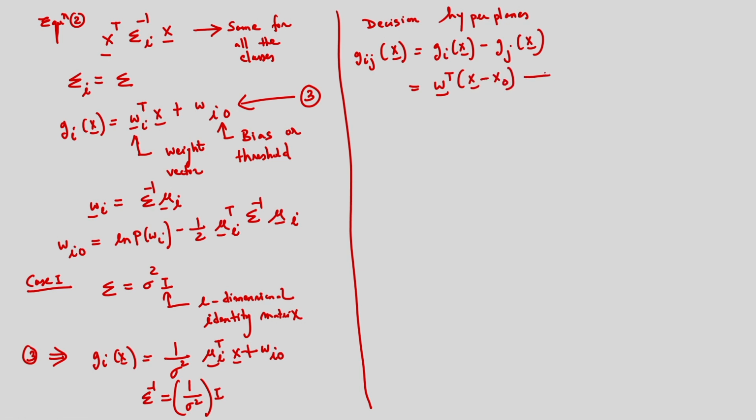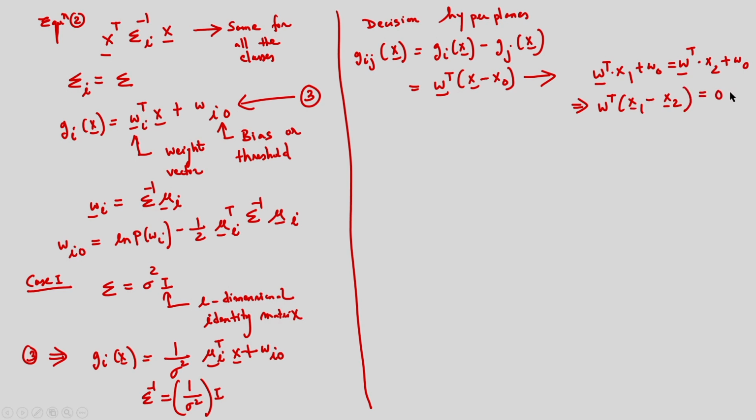This you can verify like this. Suppose w transpose x1 plus w naught is equal to w transpose x2 plus w naught. Corresponding to this, what I will be getting is w transpose (x1 minus x2) is equal to 0.